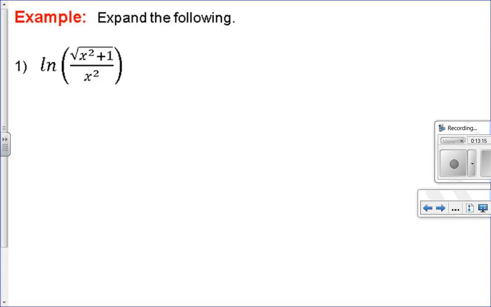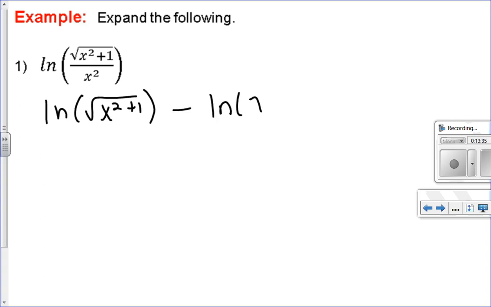Okay, let's try some expanding questions. I'm going to use the same rules that I used with logs. The only difference is ln is log base e. So anything that is in the numerator we'll keep there, and we're going to subtract natural log of what's in the denominator. Okay, now fully expanded, we can't have exponents. So this is really natural log.